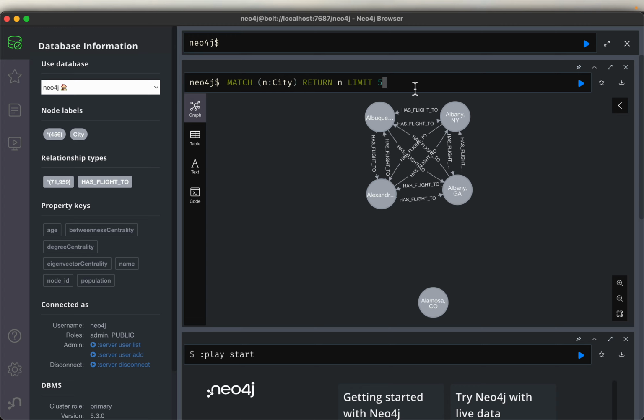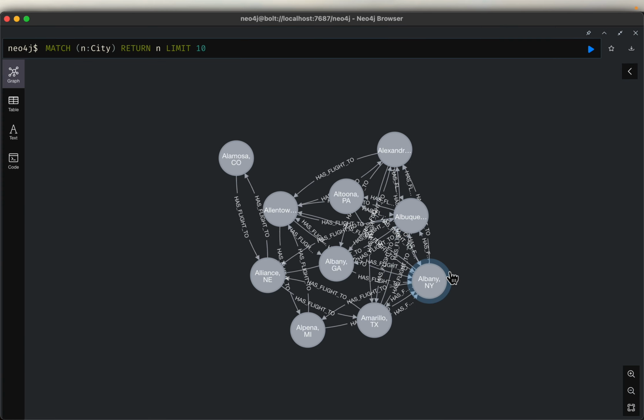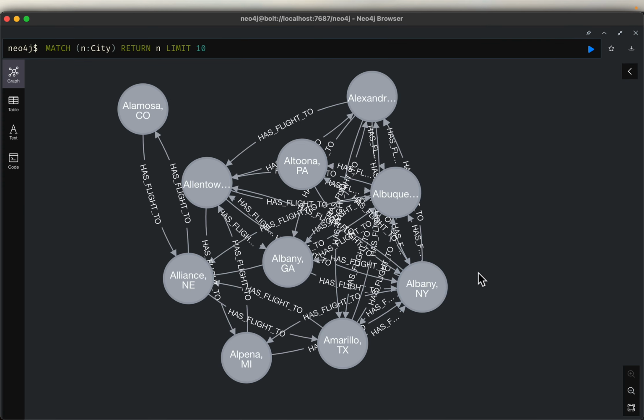Now visualizing all of them, I can slow down the visual, but maybe let's look at one more example. So here we have 10 cities and we can see all the connections. So this time, as you can see, Alamosa is connected to this alliance.